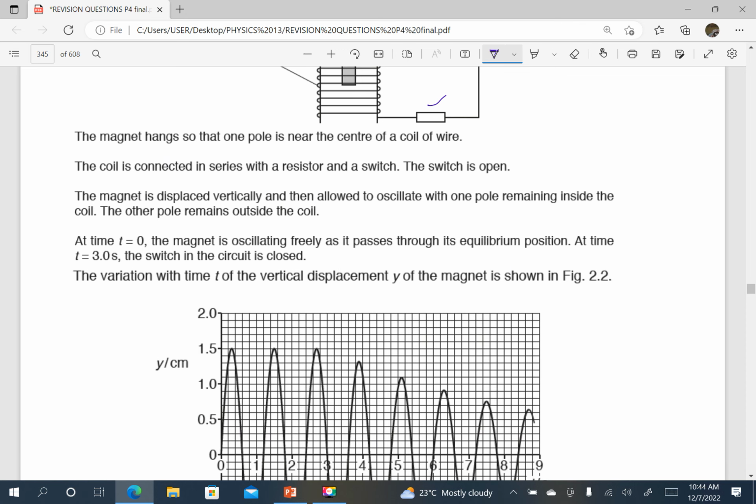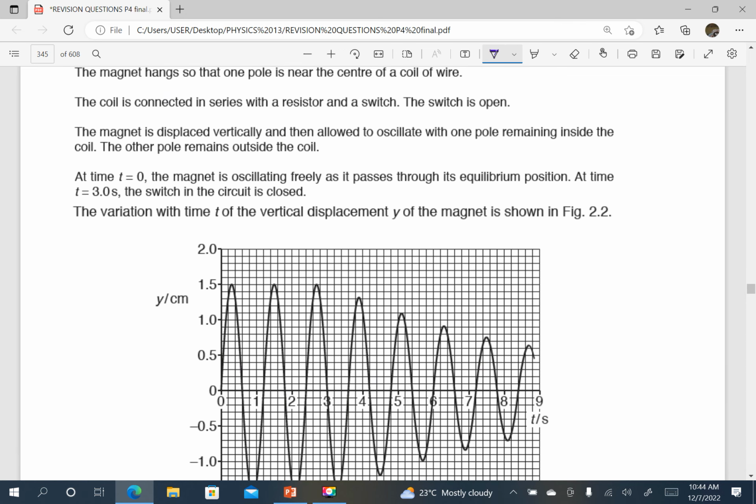That's why in the next part we see a graph of this nature. The magnet is displaced vertically and then allowed to oscillate with one pole remaining inside the coil. The other pole remains outside. The coil is connected in series with the resistor and the switch. The switch is open initially.